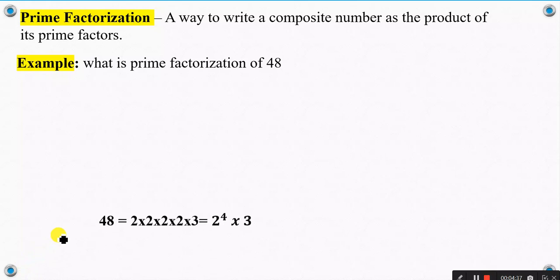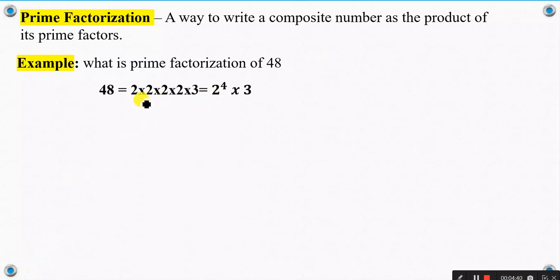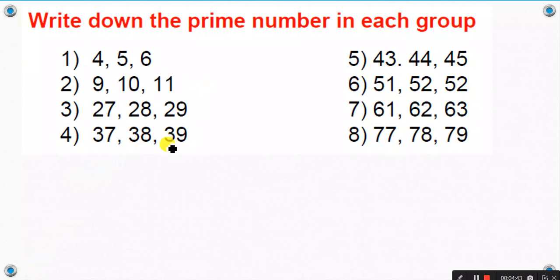Let us see another example. Write down the prime numbers in each group. From this group, which one is prime? 5. So 5 is prime. From here, 9 is not prime, because it is divided by 3 and also by itself and 1, so it has 3 factors.